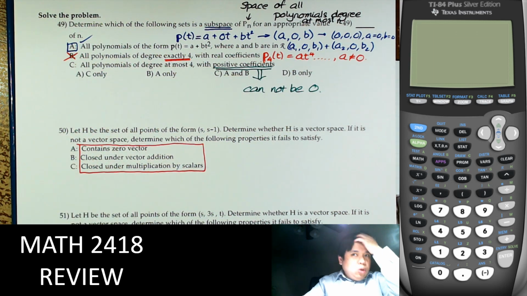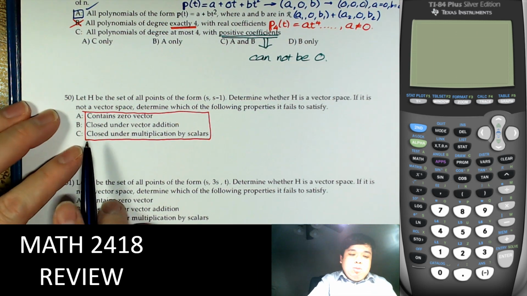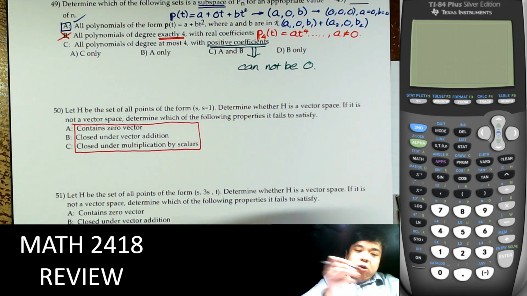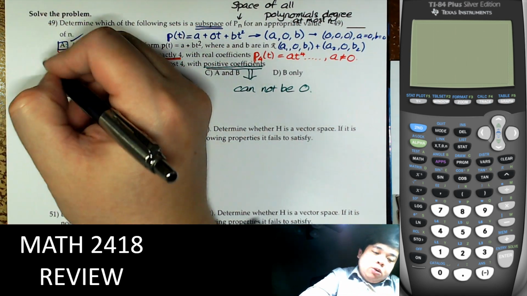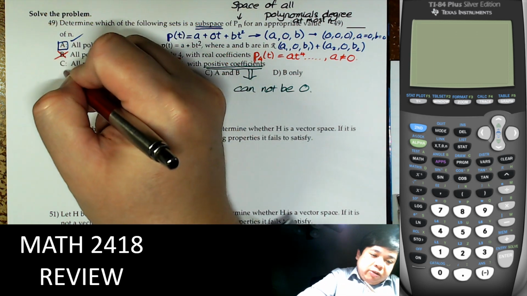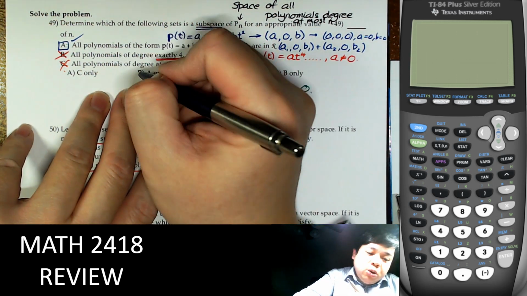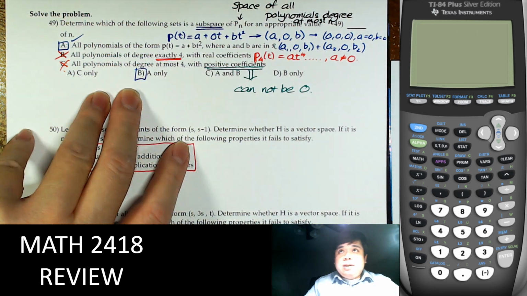Also, if we have all positive coefficients and multiply by a negative number, all of them turn negative, so it will not be closed under multiplication. So this one fails as well. Because of that, only the first one is true. So we're going to go with this.